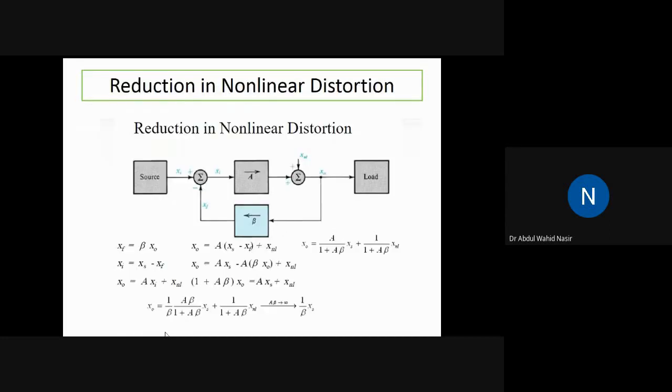Reduction in nonlinear distortion. We know that for different ranges the gain of the amplifier is not linear. It may vary from 1000, then 1000 to 100, and 100 to 0. But if you have feedback, one major benefit is that the amplifier gain is almost constant. You don't need to know this derivation, just use the basics.